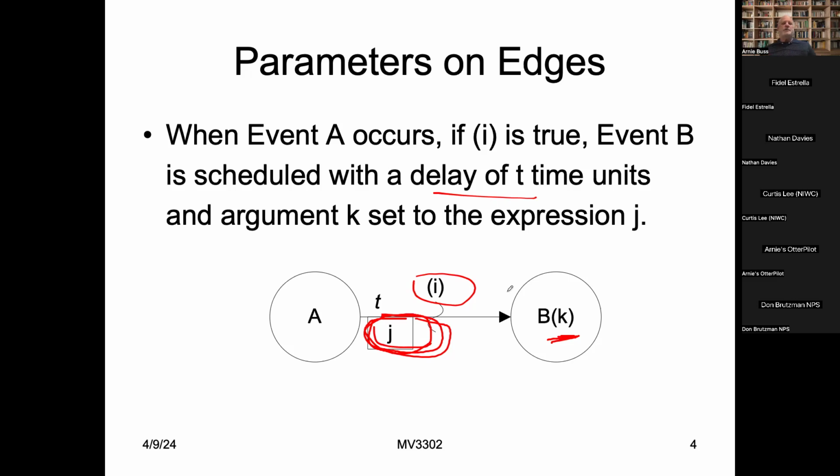When B occurs, if I were to evaluate this expression at some later time, it might have a completely different value. But that's not what I want. What I want to know is, when this event was scheduled, what was the value of that expression? This allows you to do that.